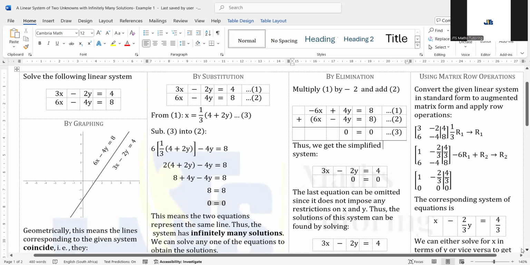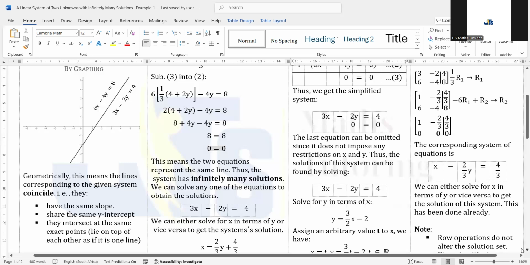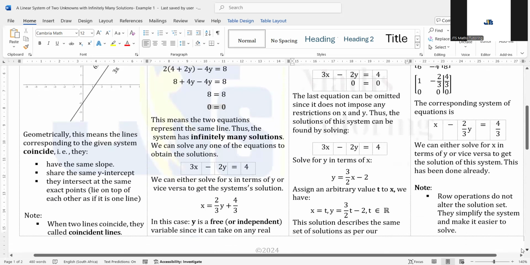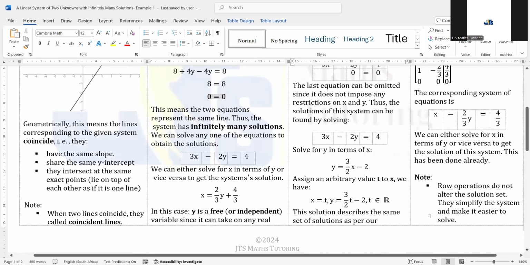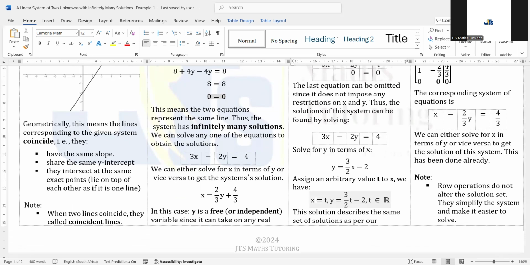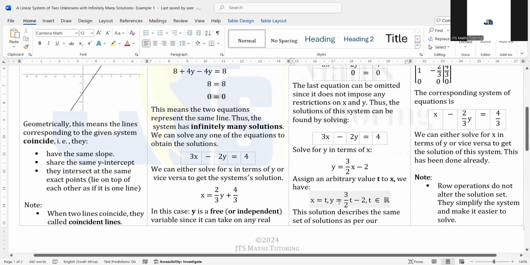So I'm not going to go through this. We have already solved it, right? But this time around, I've decided to solve it in terms of y in terms of x. So doing everything that I have, you can see I've got my x, which is now my free variable. Remember earlier on, it was a dependent variable, but this time around it's a free variable, and my y is now the dependent variable.